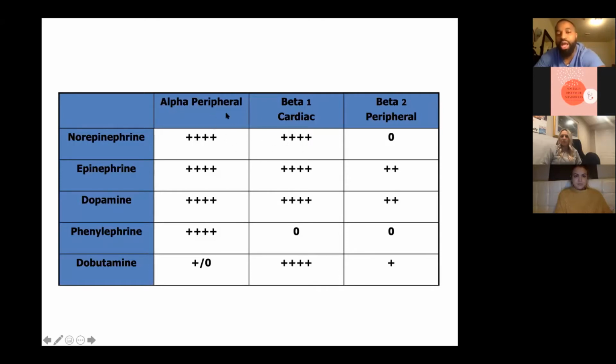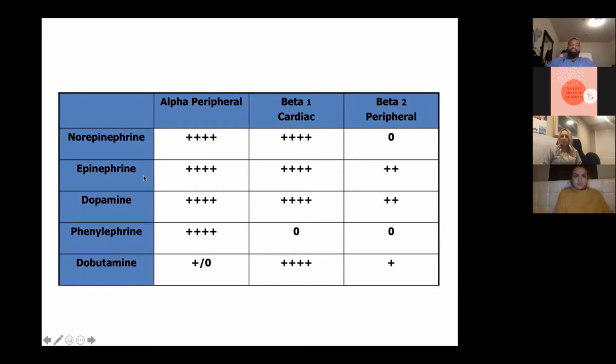Because we're able to get both. We get peripheral support and we get cardiac support. So you work in both, and it helps keep that mean arterial pressure. This right here is going to alter the systemic vascular resistance, and this right here is going to help the cardiac output, because it is acting inotropically on the heart.